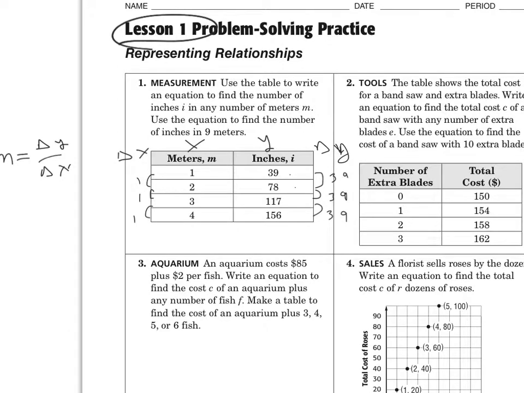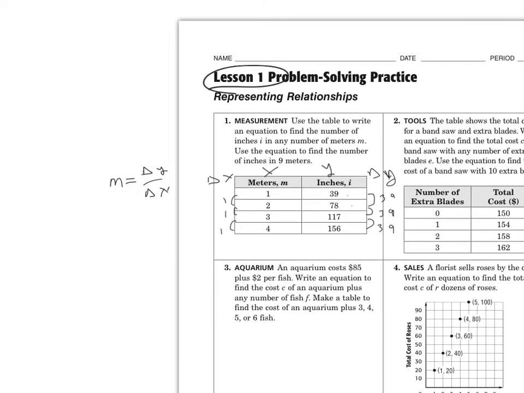And from 78 to 117, that's a 39. So on the right side, we're changing 39 units each time. And on the left side, we're changing x by 1 unit each time. So if we're going to calculate slope, if we know that the change in y is 39 units and the change in x is 1 unit, then that gives us our slope of 39 over 1.